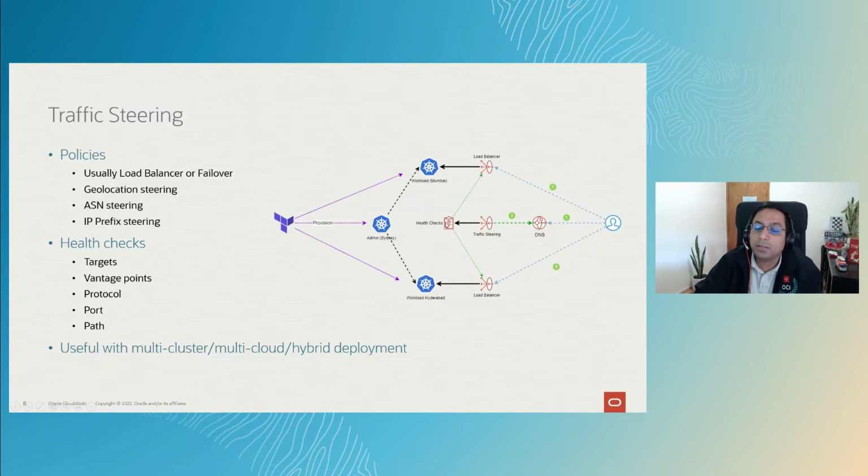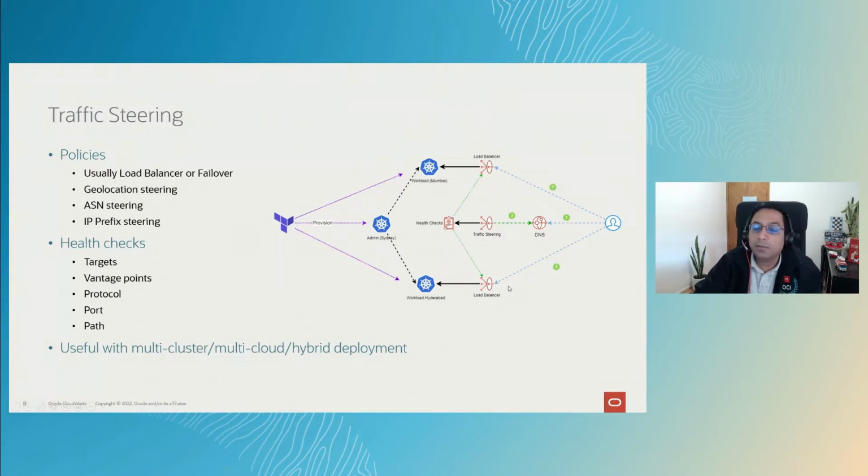The way to do that is, first of all, to create a health check. The health check points to a number of targets. The targets in this case are your load balancers and the DNS associated with them.